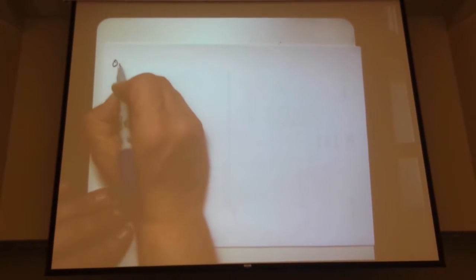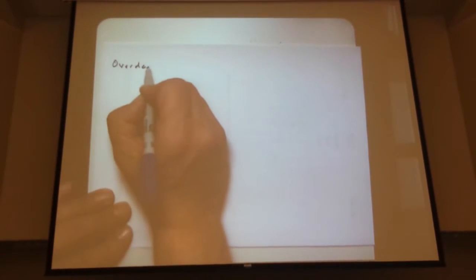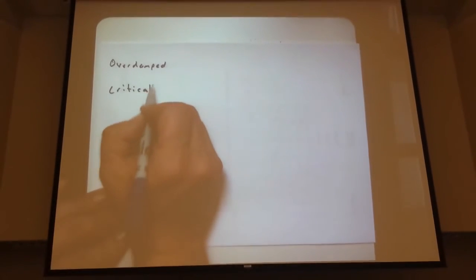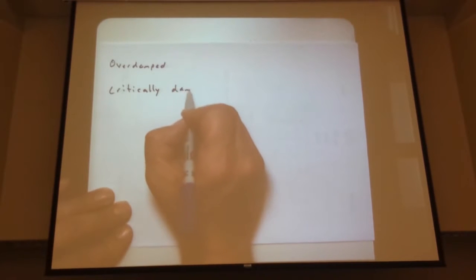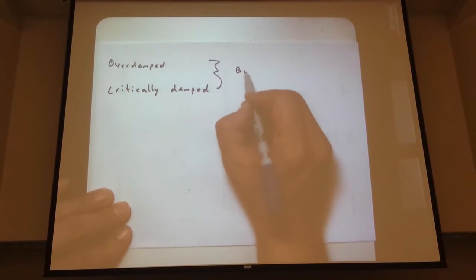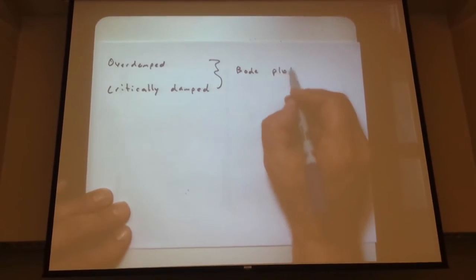So for critically damped, overdamped: Bode plots, as homework.